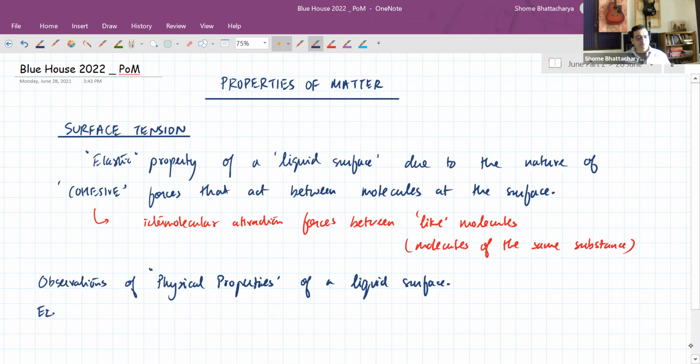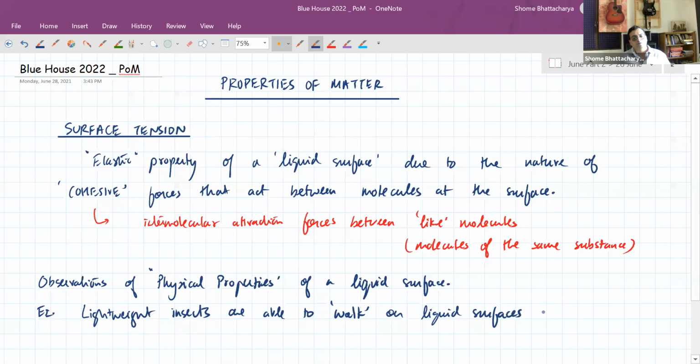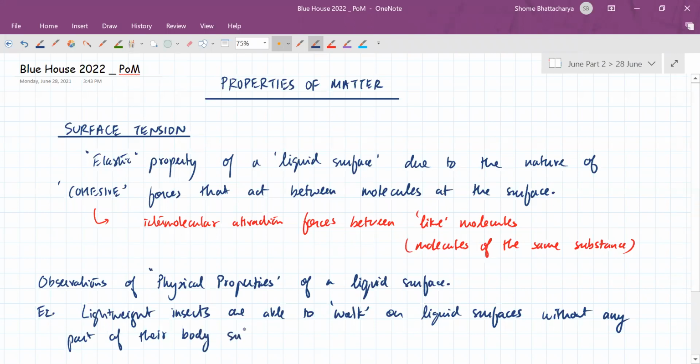So the first observation from everyday life that gives us this idea about the property of elasticity that a surface has is this one: lightweight insects are able to walk on liquid surfaces without any part of their body submerged.